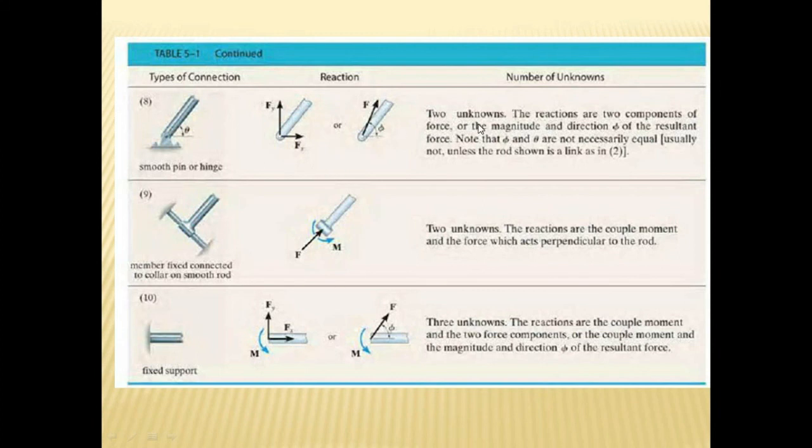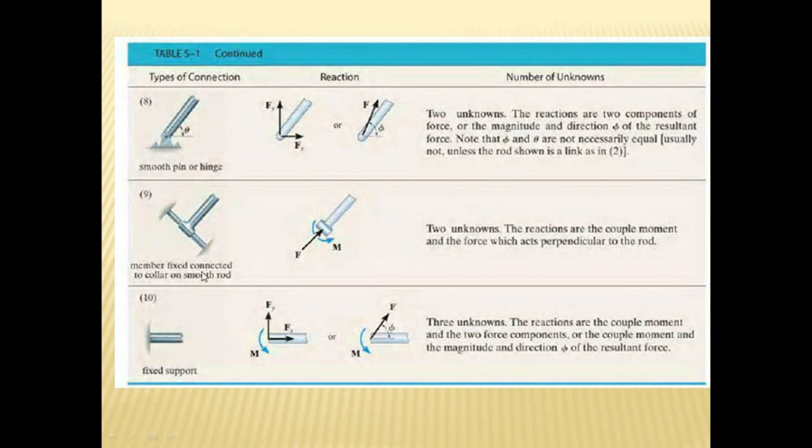So it tells you that there are two unknowns. The reactions are two components of the force, or the magnitude and direction phi of the resultant force. So here phi is the angle of the force and theta is the angle of the bar or the beam, and they cannot be equal unless the rod shown is a link in two-force member.